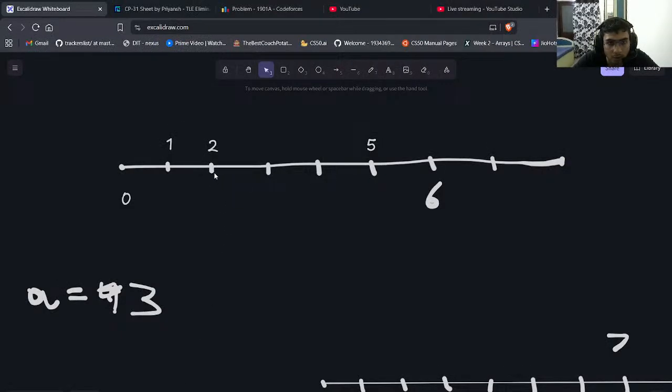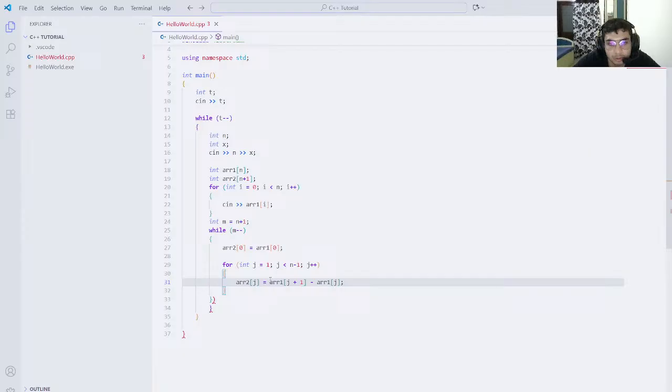That is 2, this is 1. That is wrong. We need to be doing j minus j minus 1. This is wrong.